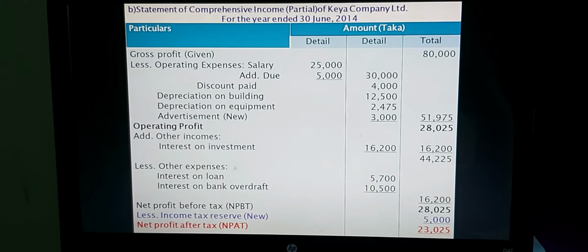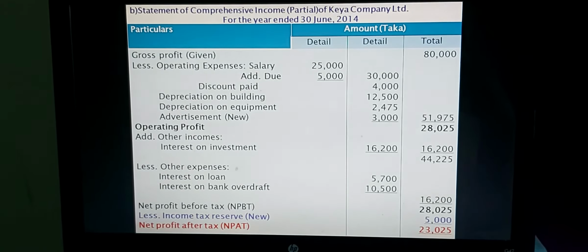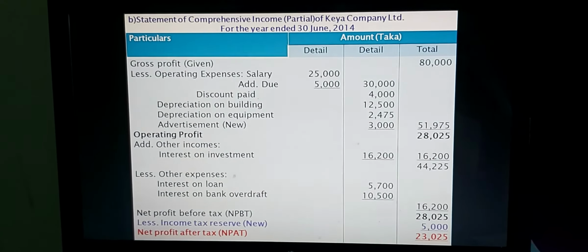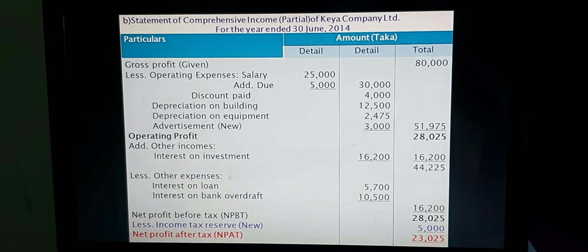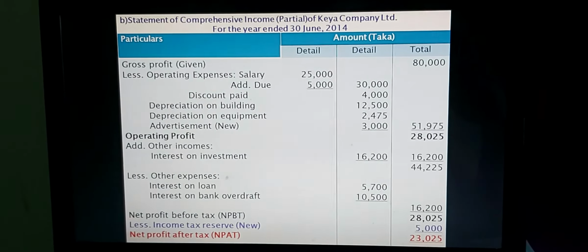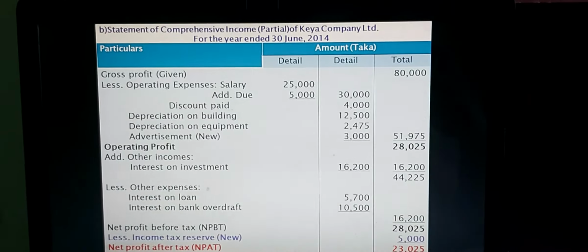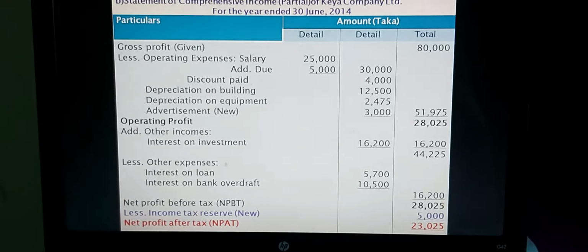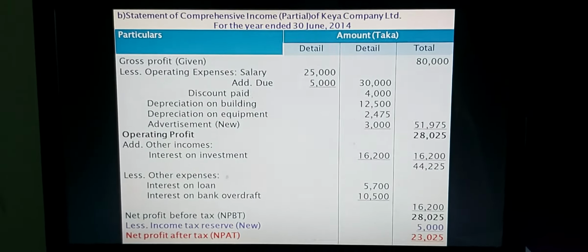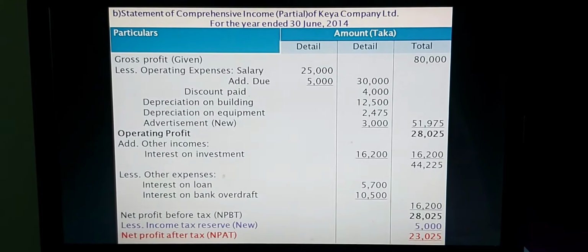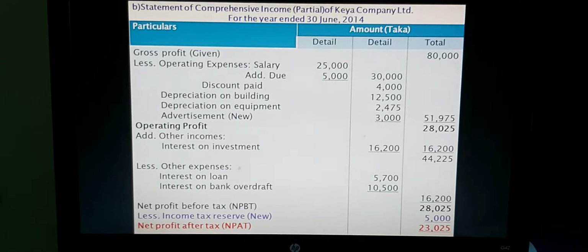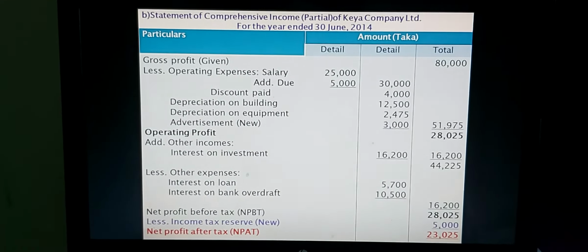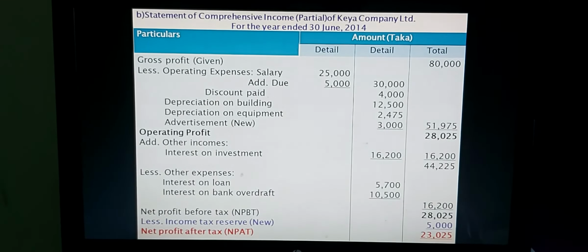You can write it in the outer column 5,000 and deduct it from 28,025. Now you can get 23,025. That is net profit after tax. That is the requirement of this math of B. So net profit after tax amount 23,025. Dear students, I think you have written in your copy requirements A and B.